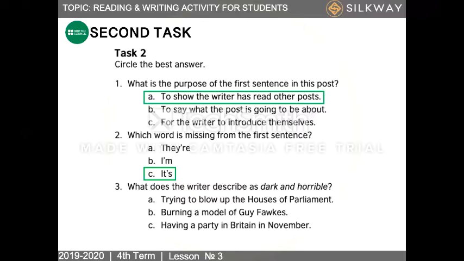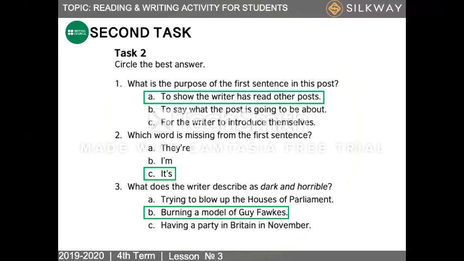What does the writer describe as dark and horrible? Is it A, trying to blow up the Houses of Parliament? B, burning a model of Guy Fawkes? Or C, having a party in Britain in November? What is your answer? It is letter B, burning a model of Guy Fawkes.